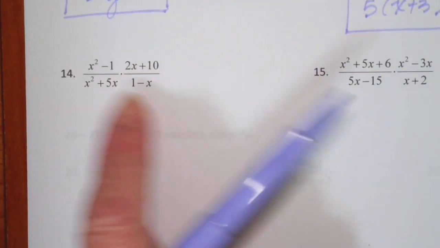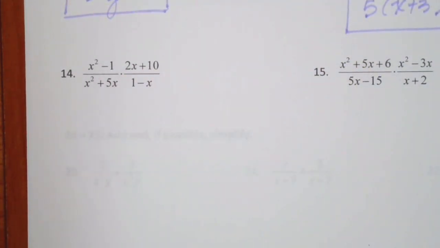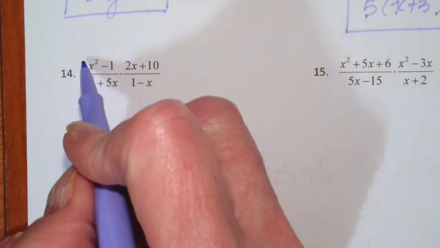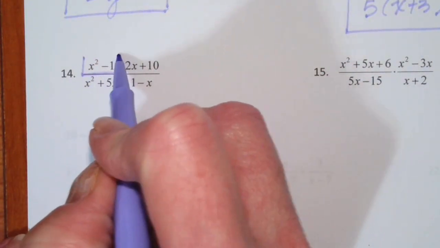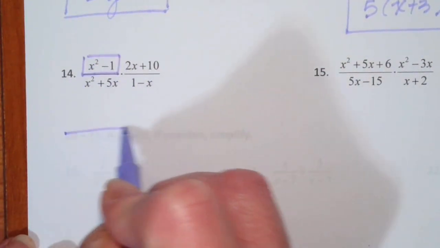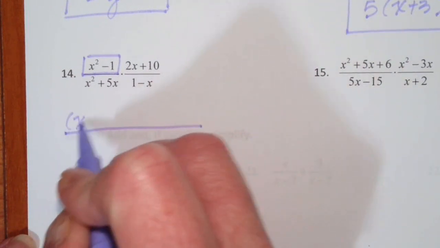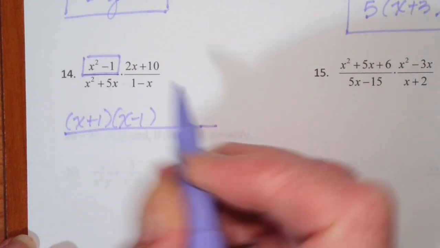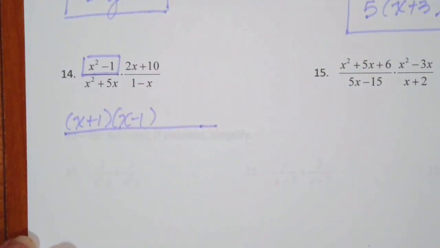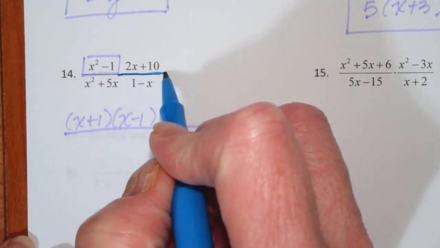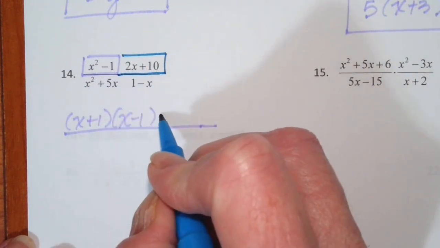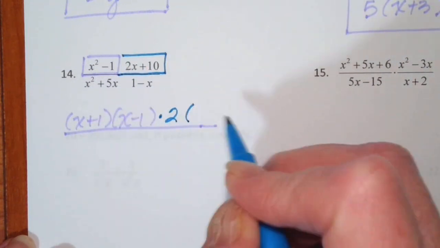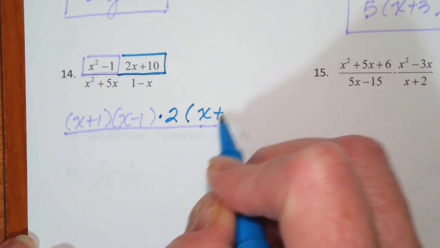Okay, I have 4 different binomials here, so I'm going to have to factor all of them. Okay, so the x squared minus 1 is a difference of squares. So that factors into x plus 1 times x minus 1. 2x plus 10 has a greatest common factor of 2, and I'm left with x plus 5.